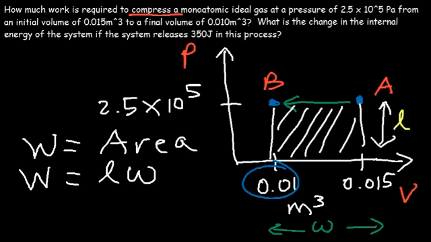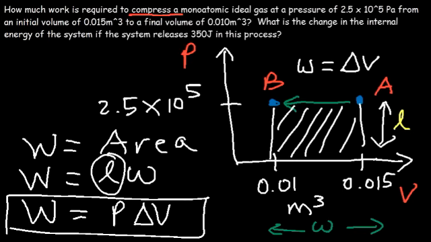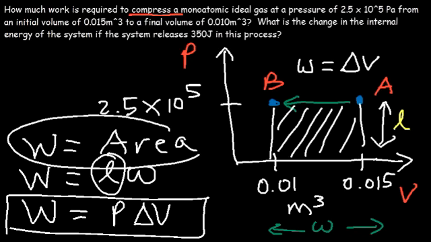It's the final volume minus the initial volume. So we can say the width is equal to delta V, the change in volume. So therefore, another way to get the equation for work for this particular PV diagram is equal to the pressure, which is L, times the width, or the change in volume. So that's another way in which you can derive this equation from the PV diagram. So sometimes you need to use the fact that the work is equal to the area. It's going to help you to calculate the work for problems that you'll see later in this video.